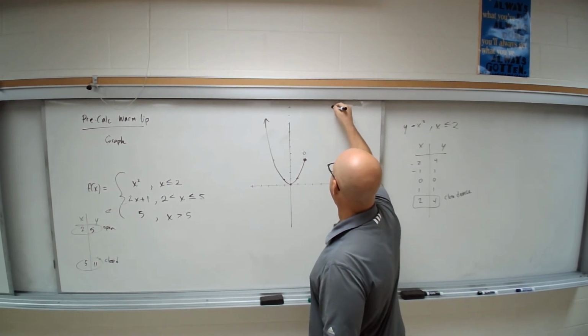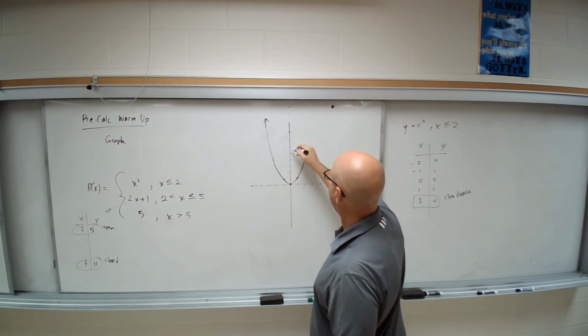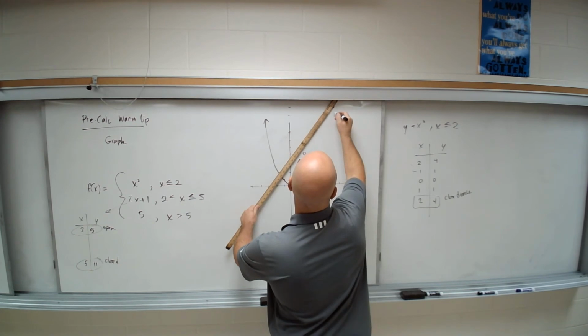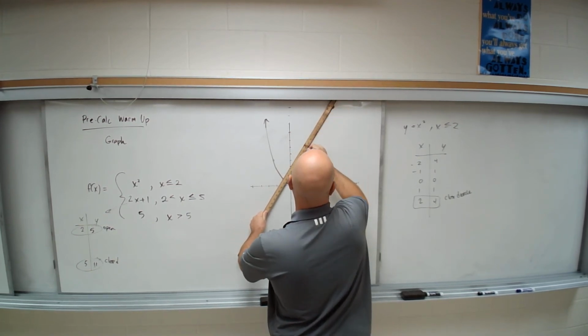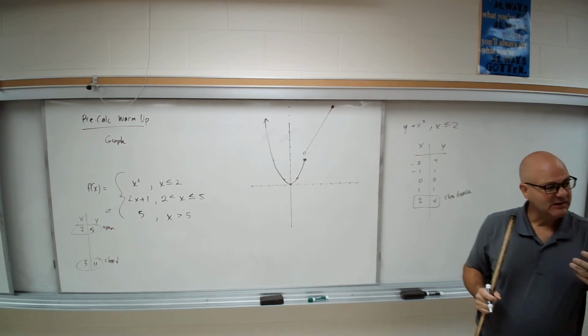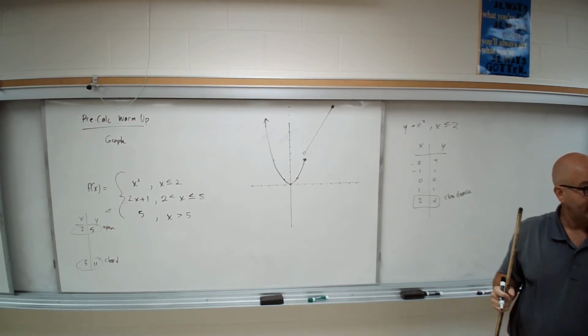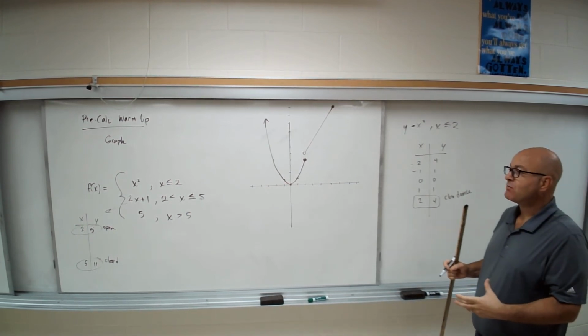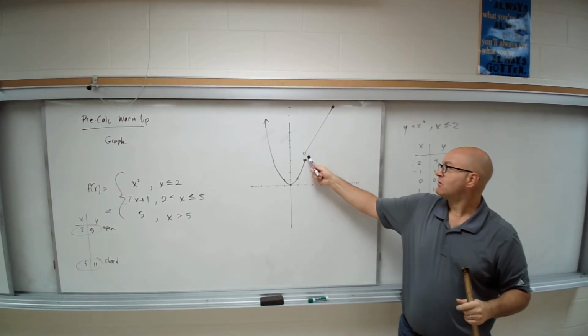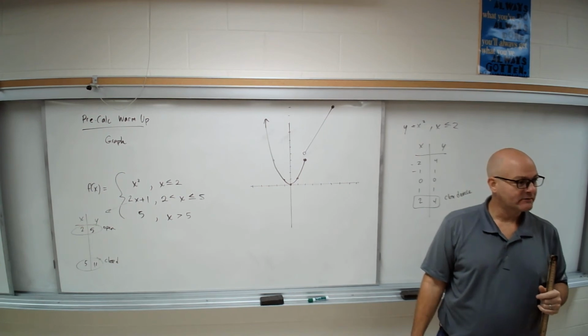And that's going to be a closed circle. And so from here, it looks like that. So it's just that line, but it stops, right? It starts from this open circle out to this closed circle right here.